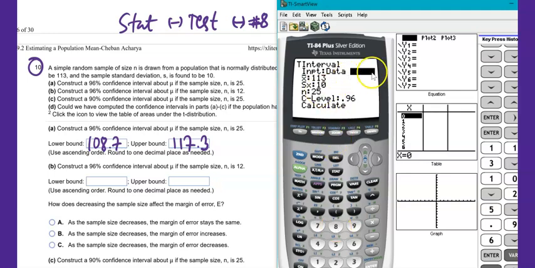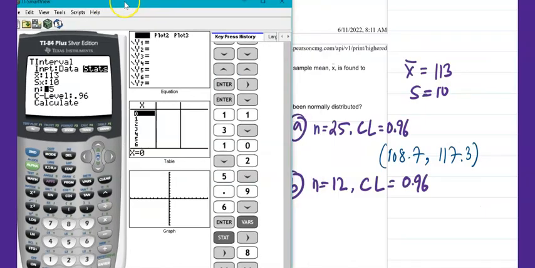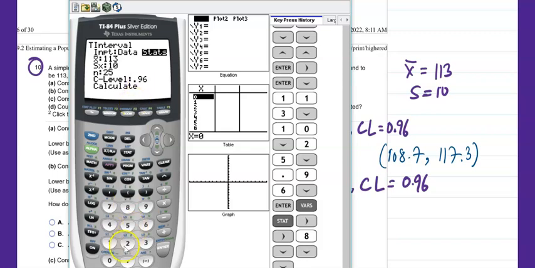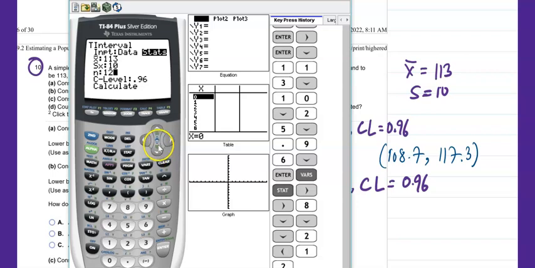You should have the Stats option because I have an x bar and sample standard deviation. The sample mean x bar is 113, the standard deviation is 10, and the sample size here is 12. The confidence level is 0.96, the same as for part A.